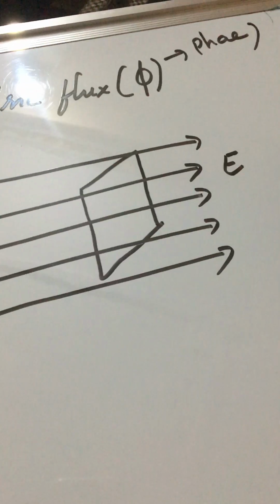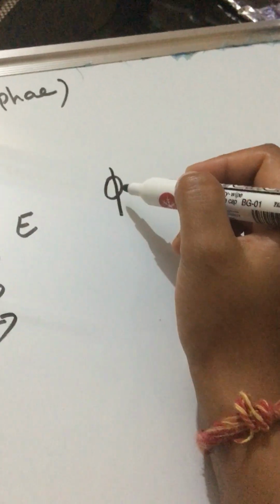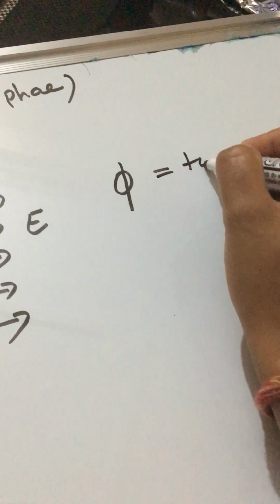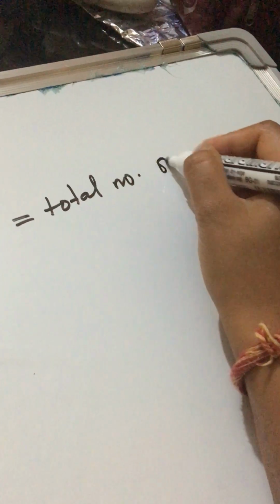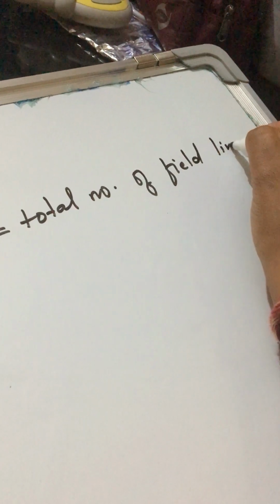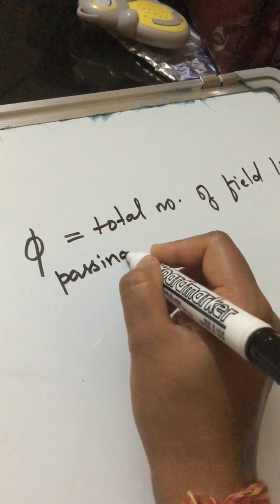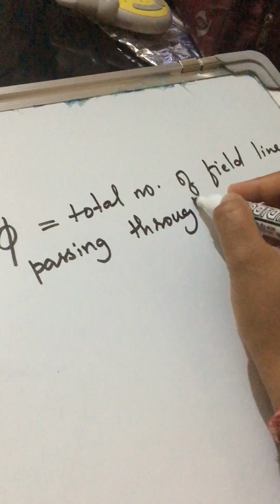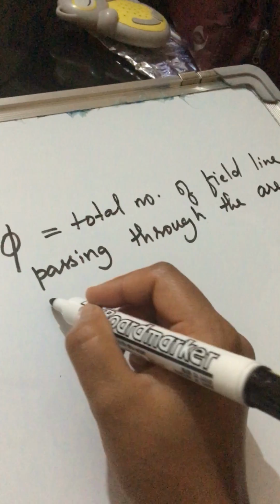Now the electric flux is defined, you will see in the notes, as the total number of field lines passing through the area normally.